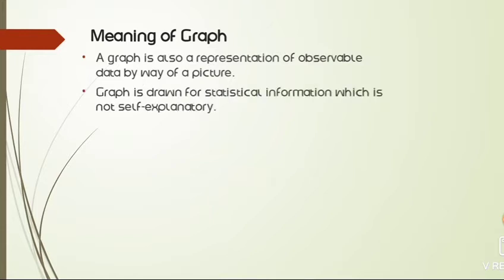The difference is that graphs are drawn from statistical information and they are not self-explanatory. The graphs which are made, are made from thorough, perfect data which has been researched, that statistical information which someone has surveyed or already analyzed and summarized, and on the basis of that data the graphs are drawn.